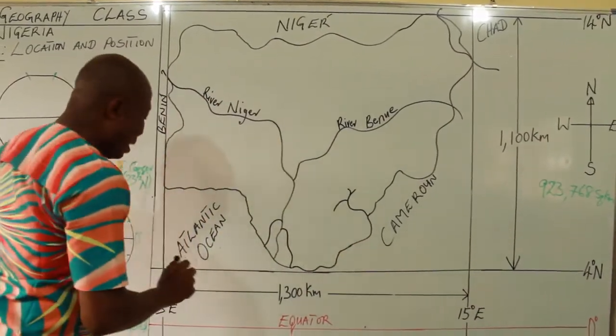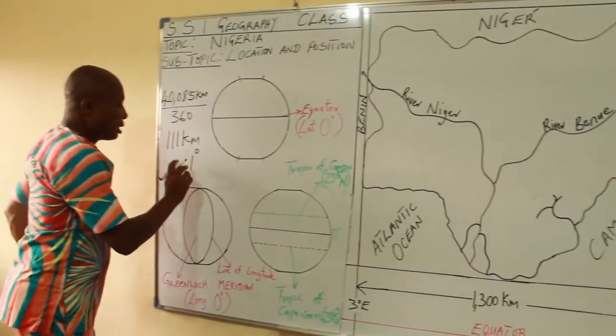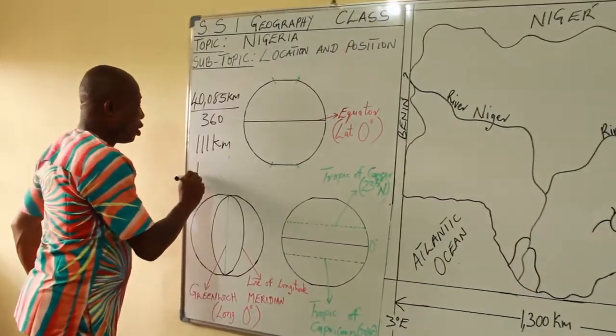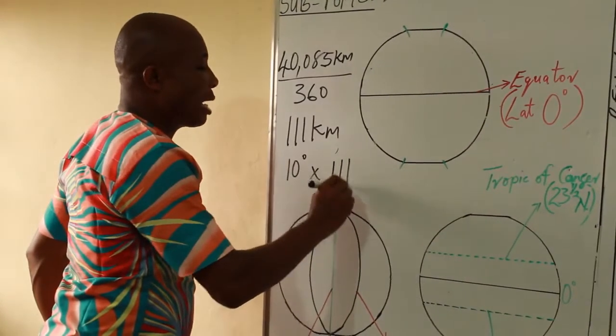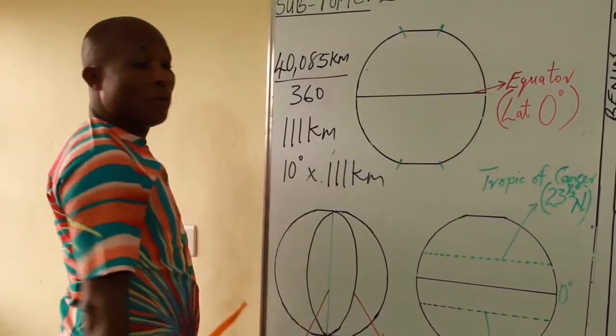Just multiply your 10 degrees by 111 kilometers.